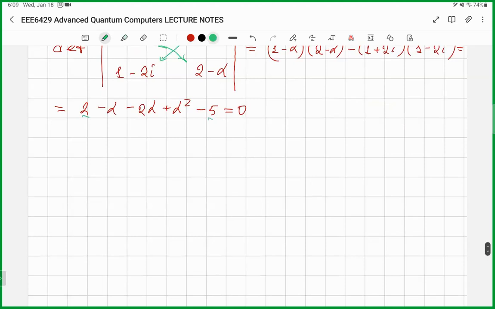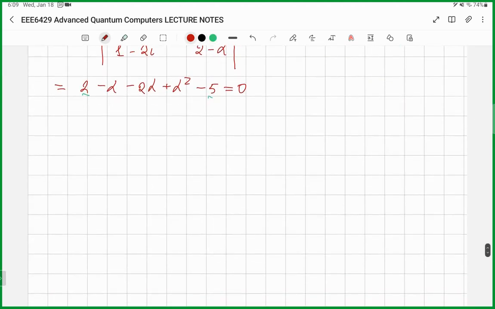So this 2 and minus 5, right? I can simplify this and write alpha squared in the first place. Then I see minus 3 alpha, and then minus 3 is equal to 0.